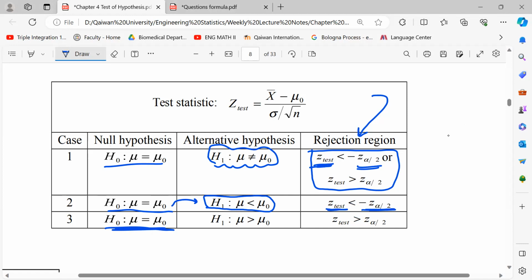But if the alternative hypothesis is mu greater than mu naught, if Z test is greater than Z of alpha over 2, we reject H0. In these cases, we reject H0. If we don't get these cases, we are unable to reject H0 and we accept the null hypothesis.